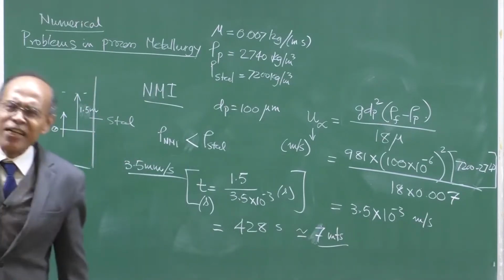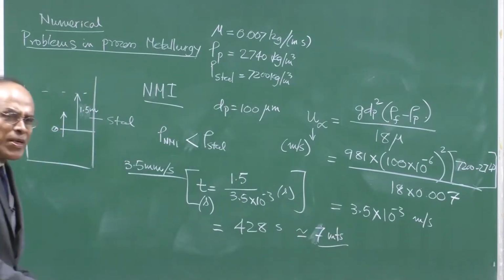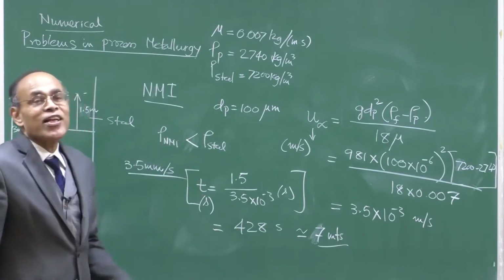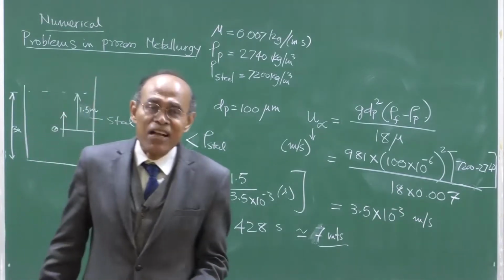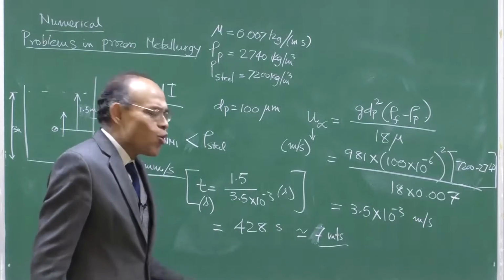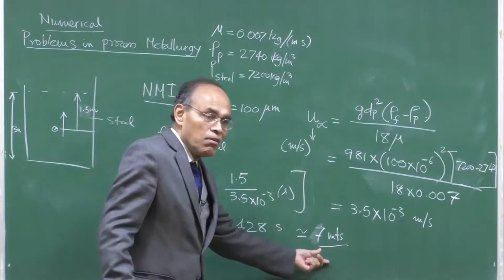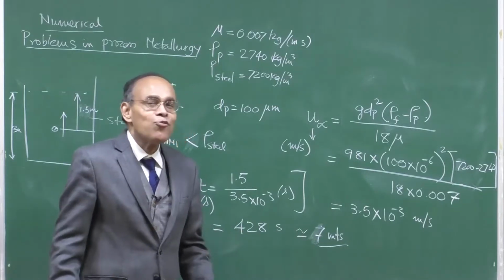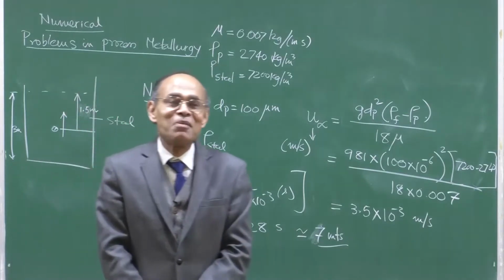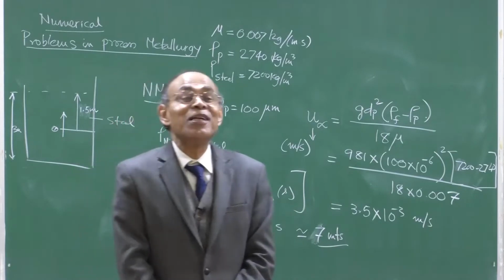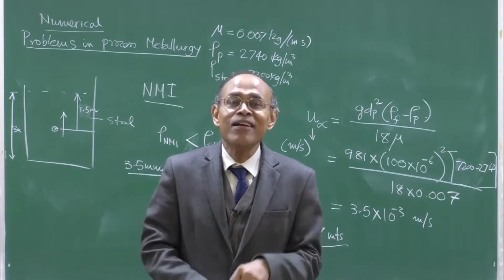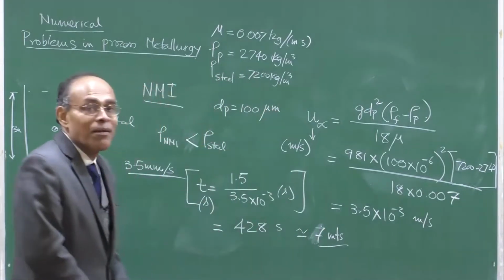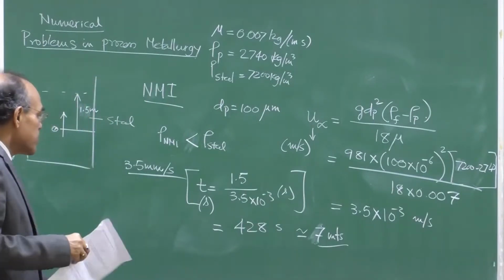So, we can draw a subjective conclusion, based on this calculation, that such an inclusion may float out because it takes 7 minutes, but if you are talking about 20 micron or 30 micron inclusions, possibly they will never come out of the system. That is a conclusion that one can make from this particular scenario.